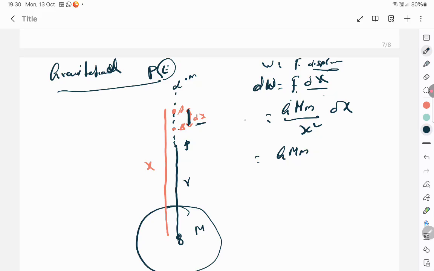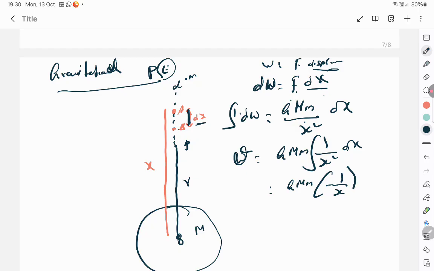So dW is equal to F into dx. So you can write 1 by x square into dx, which can be integrated. The left side also can be integrated. The integral of dW will be W straight away. But we don't call it W, we call it potential energy U. Integration of 1 by x square is minus 1 by x.